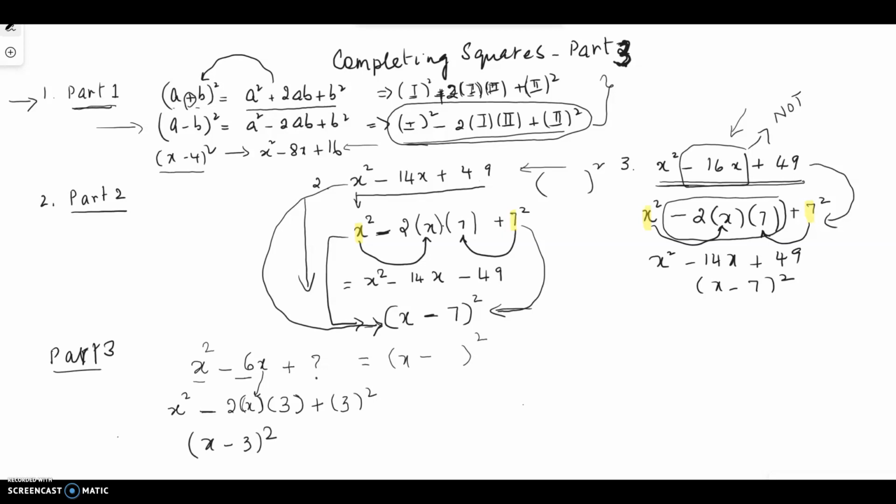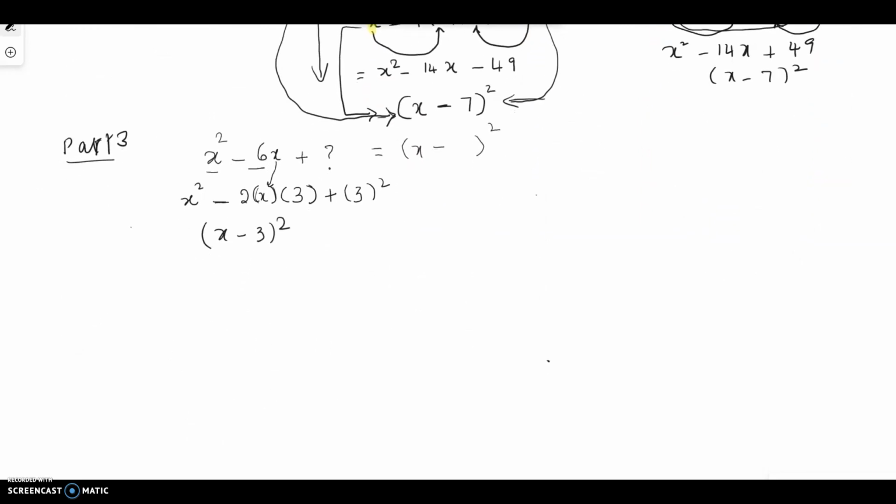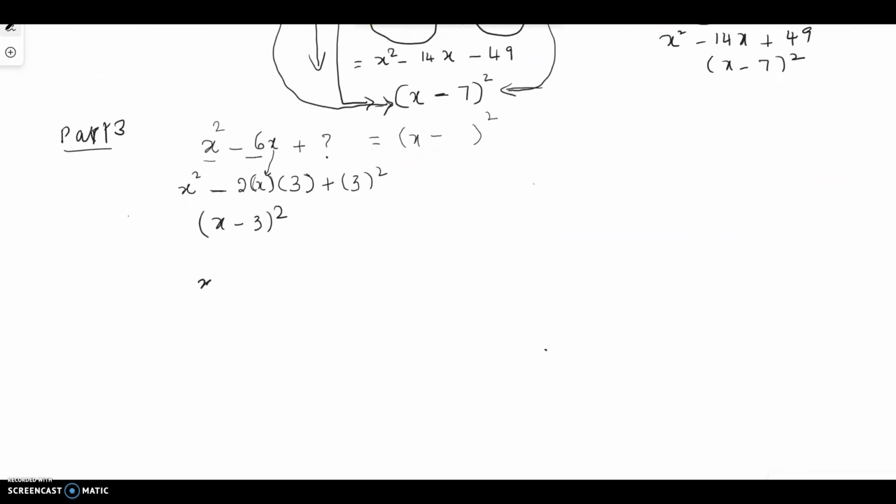Let's look at another example. Suppose we have x squared minus 4x plus blank. What is the number that would make this expression a perfect square? So what is it that's going to make it like (x minus something) the whole squared?